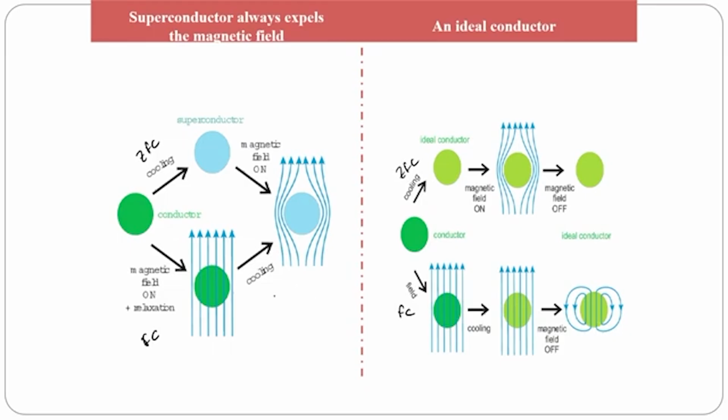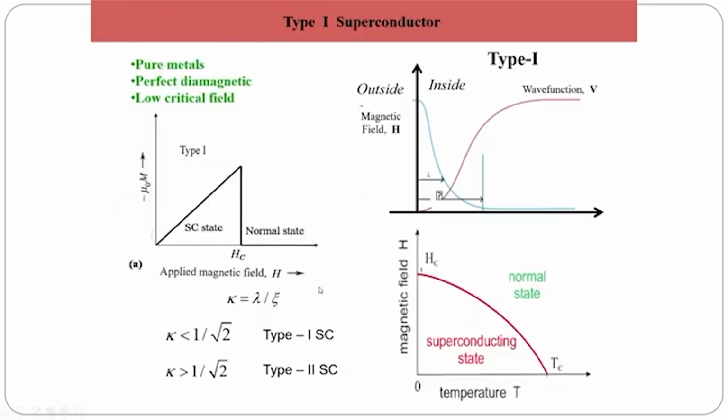So, if one actually has discovered a superconductor, one of the main experiments that establishes superconductivity is the Meissner effect. There are type 1 and type 2 superconductors and so on.